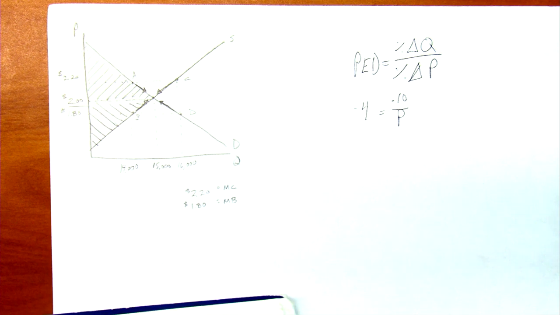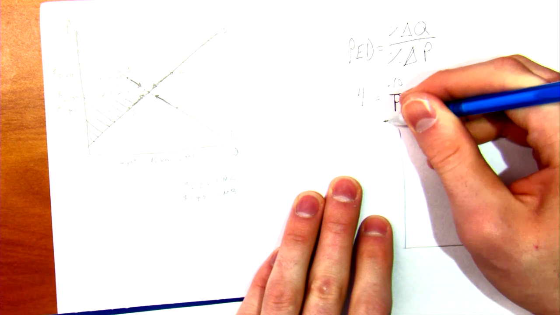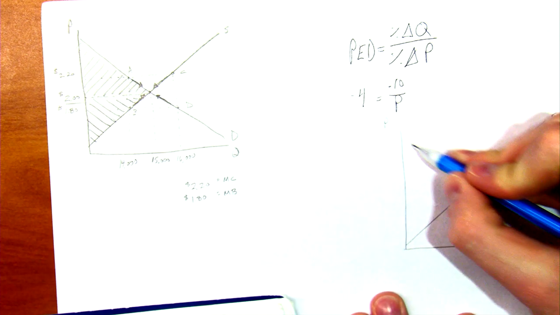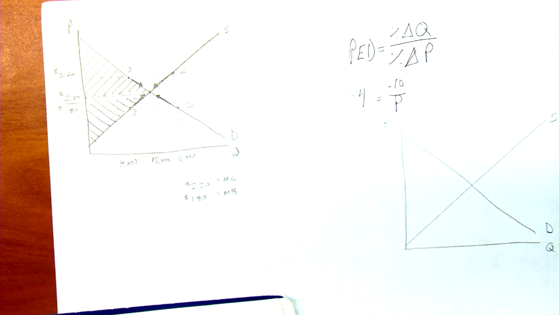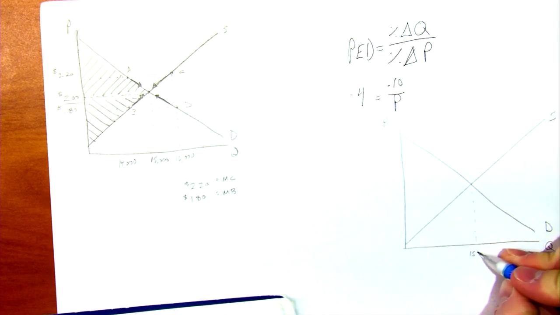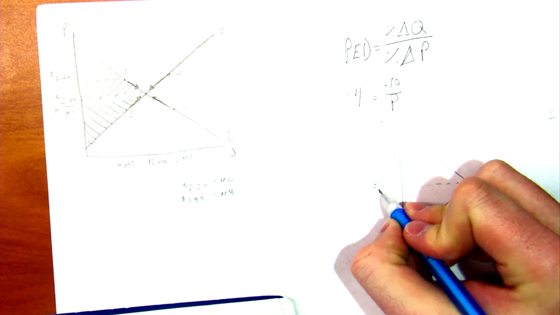Okay, so the same way we looked at what happens when the market's out of equilibrium, we'll do that again for consumer and producer surplus. And I'll just draw a new one so it's a lot easier to tell what's going on. Now we have our equilibrium quantity of 15,000, and the equilibrium price of $2.